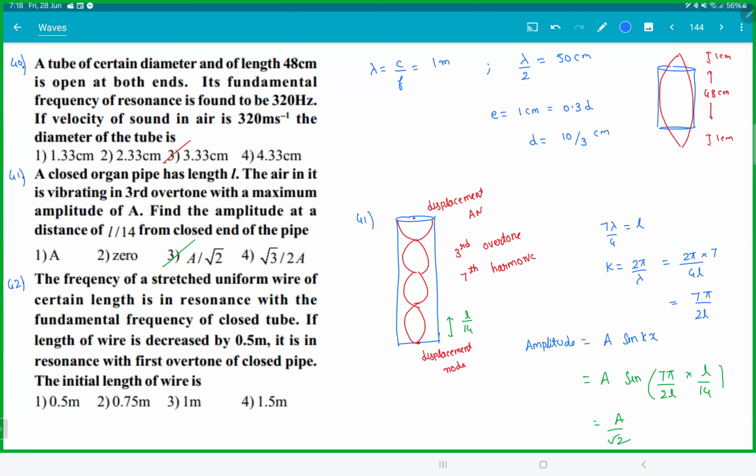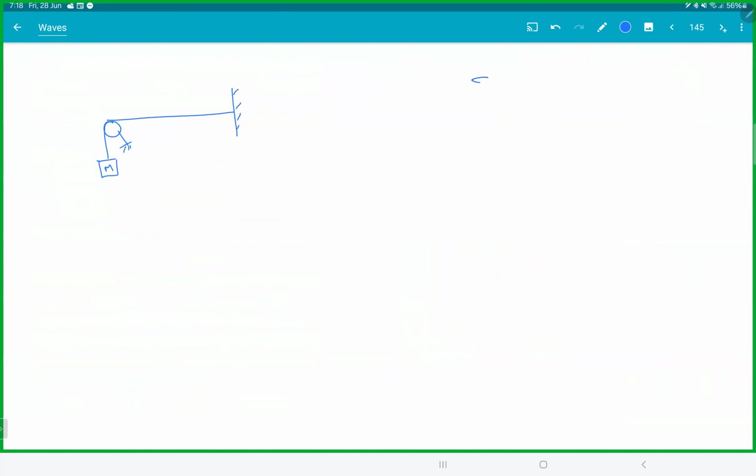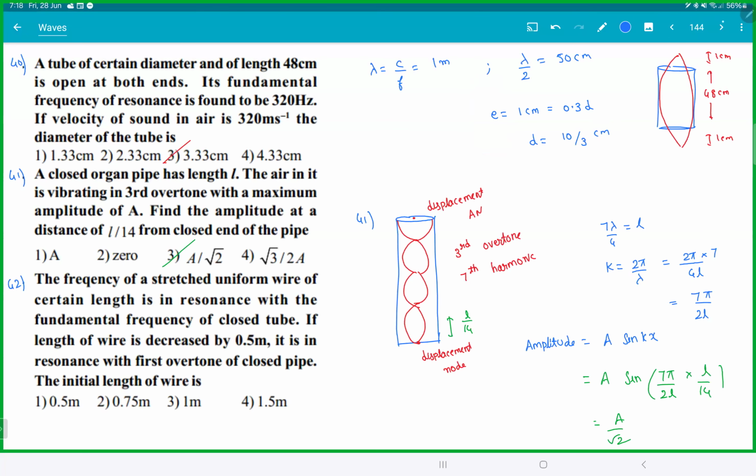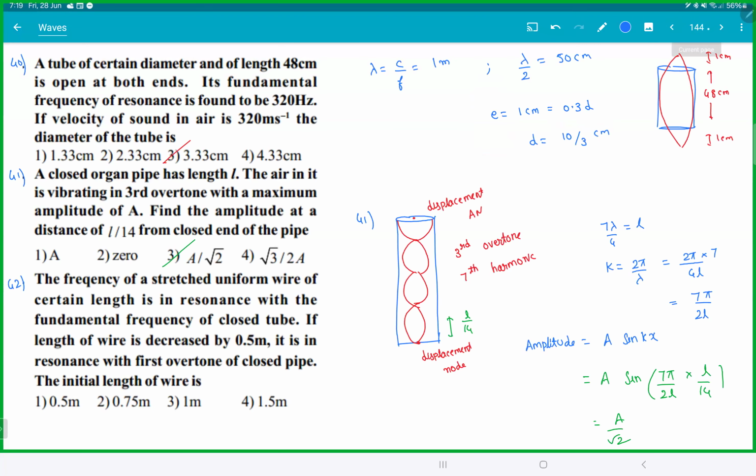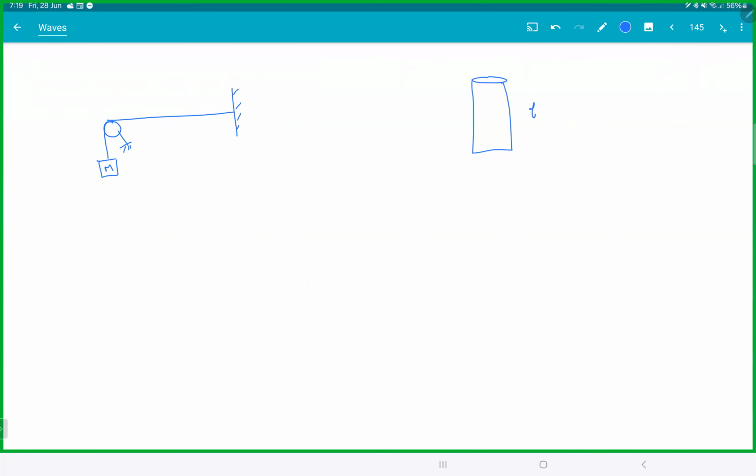So a stretched uniform wire of a certain length is in resonance with the fundamental frequency of a closed tube. Okay. So the fundamental frequency of a closed tube is v by 4L. Its frequencies will be F, 3F, 5F.